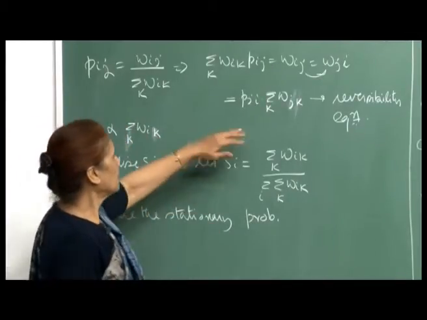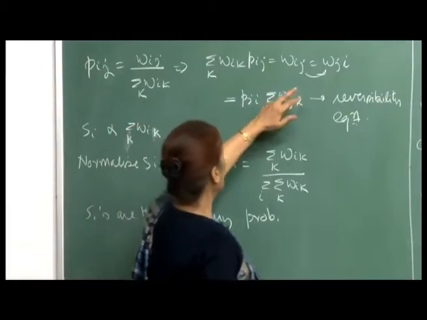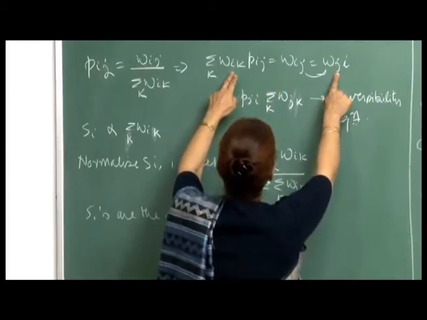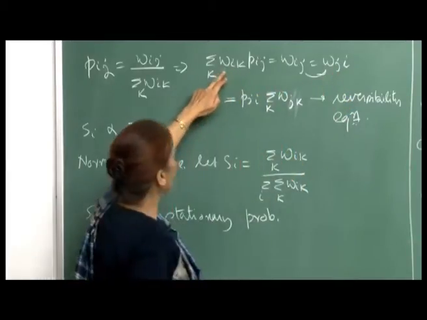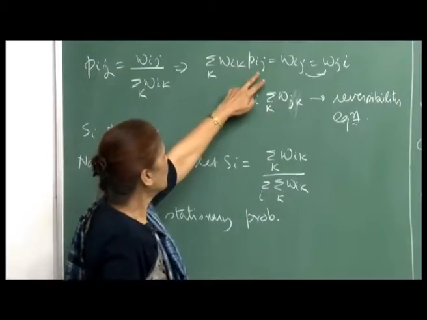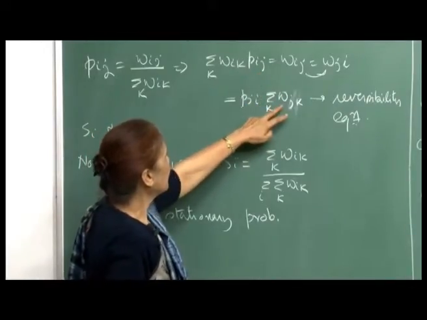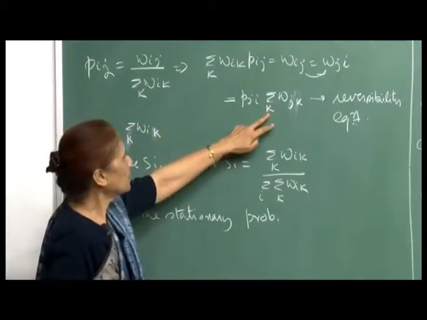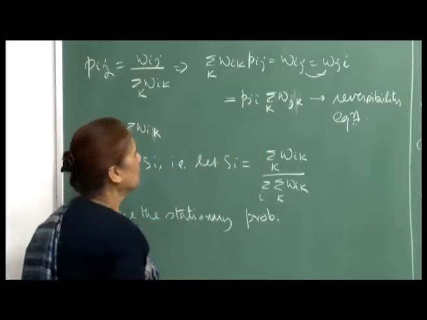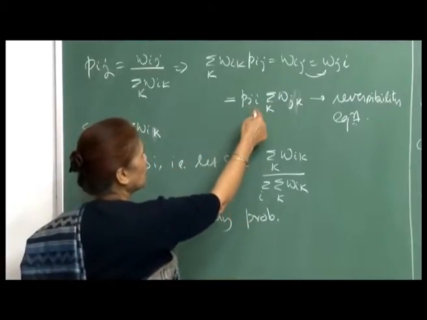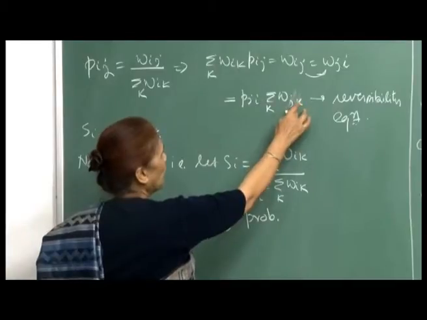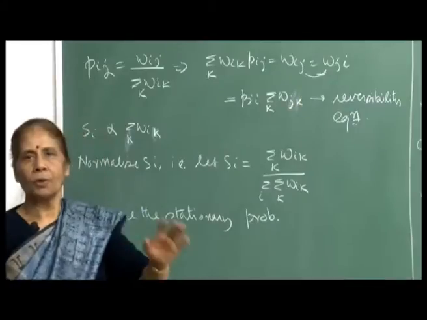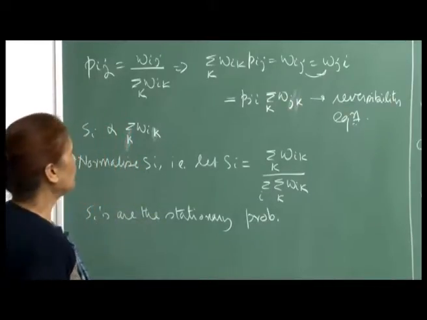Then, since I have been able to write this, Wji can be written as Pji, with Pij replaced by Pji, times the summation of Wjk over k, because here it was Wik. Here it will be Wjk because you are at node j, transitioning from j to i. So, you add up all the weights of the edges incident on node j, of the kind jk.